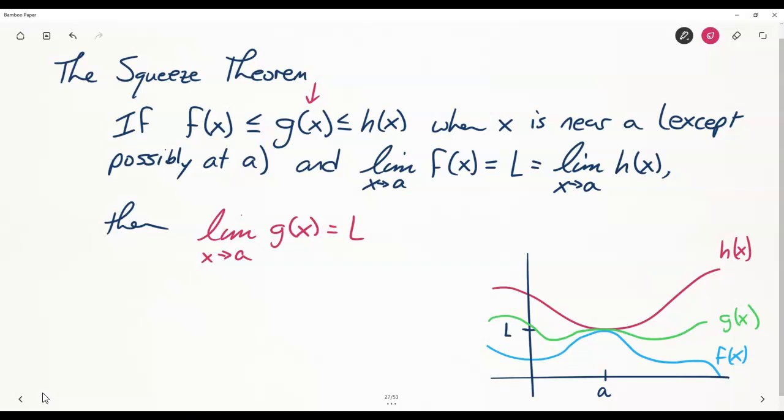And if I get lucky, and those larger and smaller limits approach the same value, I don't have to find the limit of that other function directly. I can just invoke the squeeze theorem and say there's this other function that has no choice other than to take the same value for its limit. So let's try that.